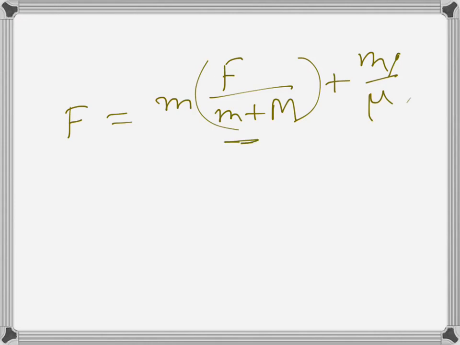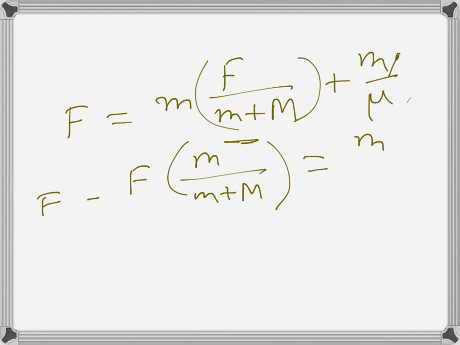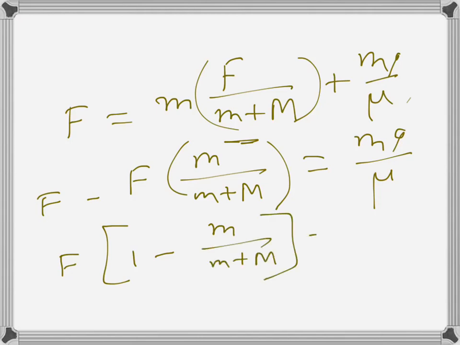If we take this to the other side, we get F times M plus m, and this is mg over mu. So if we take F here, it becomes 1 minus m over M plus m, and then this is mg over mu. If we write that as a division, it becomes like that.